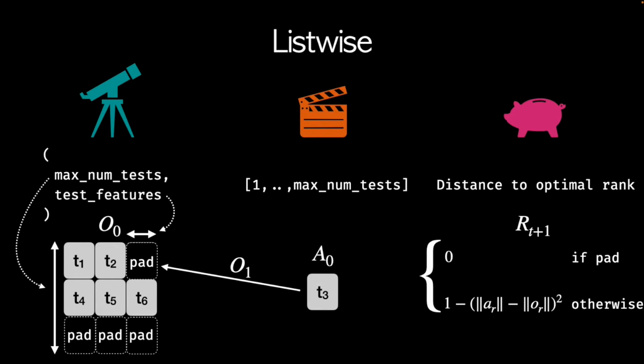And it is 0 if we select an action which is invalid, if we select a test case that doesn't exist. And it's that quantity there otherwise.